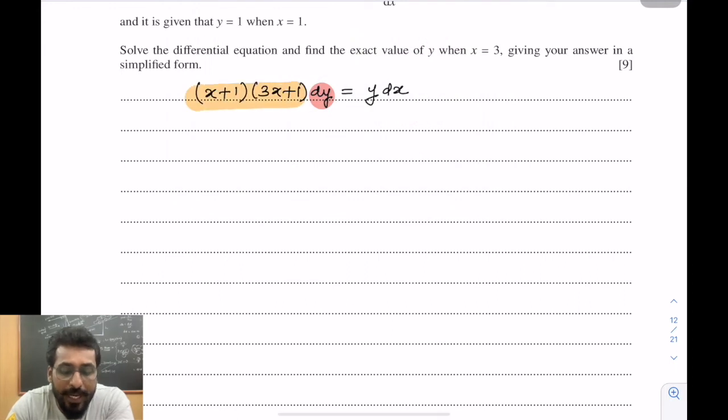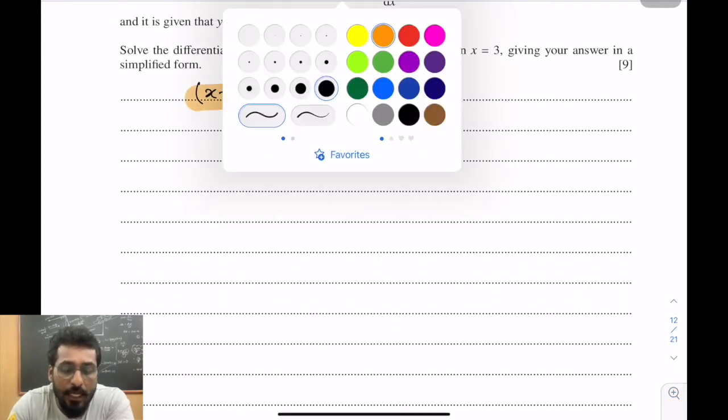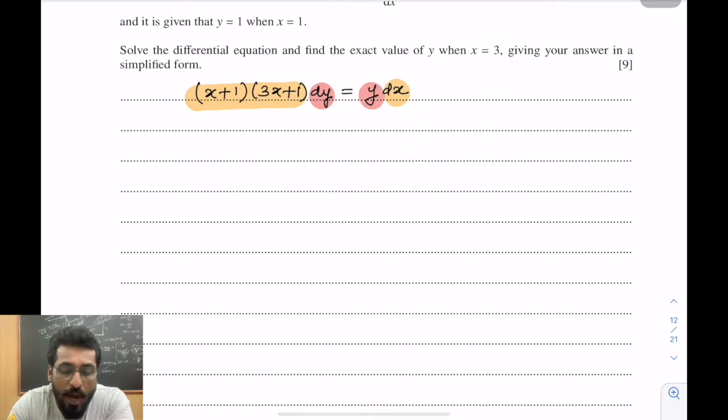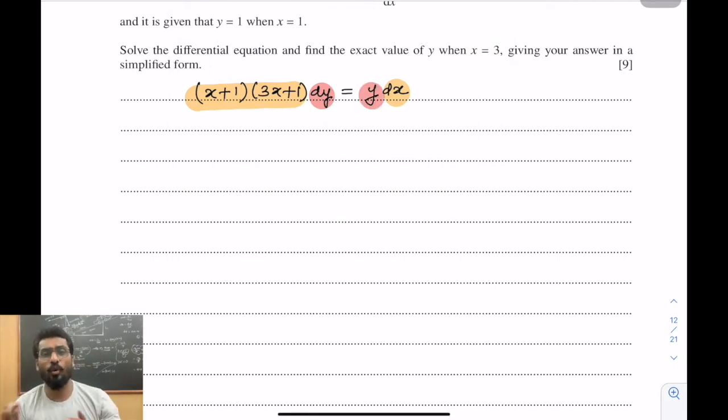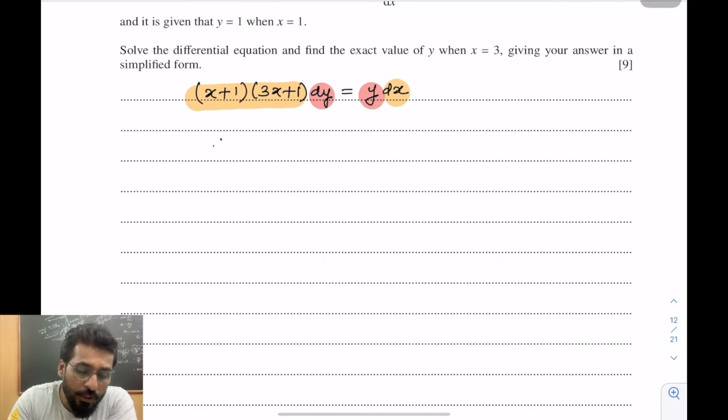Now you can see along with the dy, there are terms of x. These are terms of x. They should actually be with dx, and the terms of y should go with dy. So you just want to shuffle the terms. All the terms of y should go and associate with dy, and all the terms of x should go and associate with dx. That's it. That simple it is. So I shift the term of y along with dy.